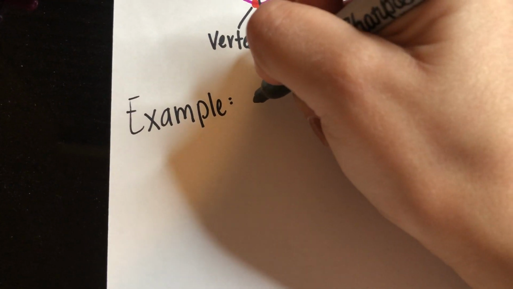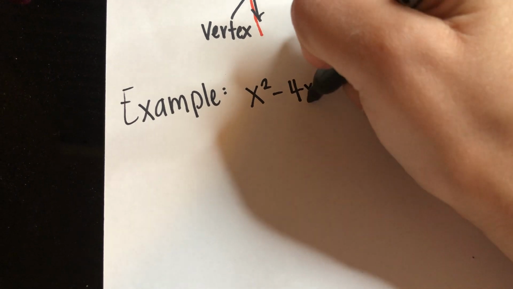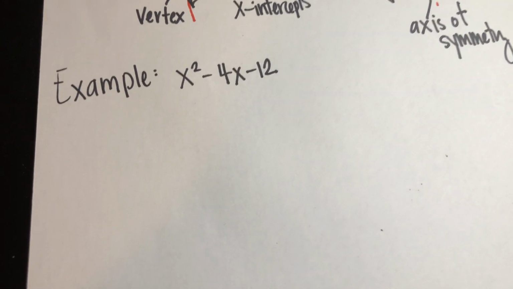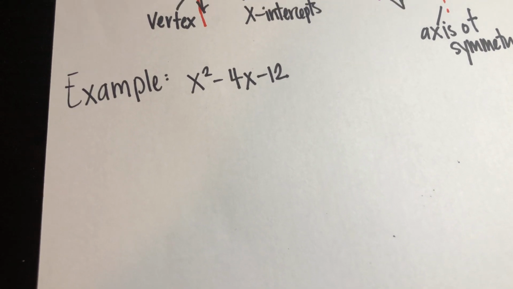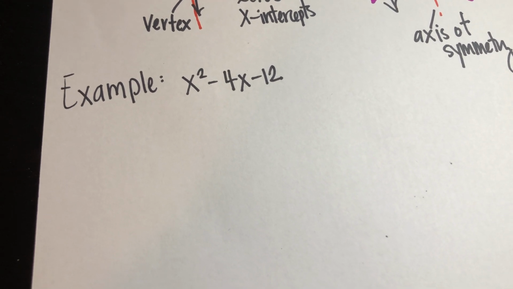Let's say I have x squared minus 4x minus 12. Because I'm trying to find the roots, I'm gonna apply the zero product property. So I'm trying to factor what I have right here.